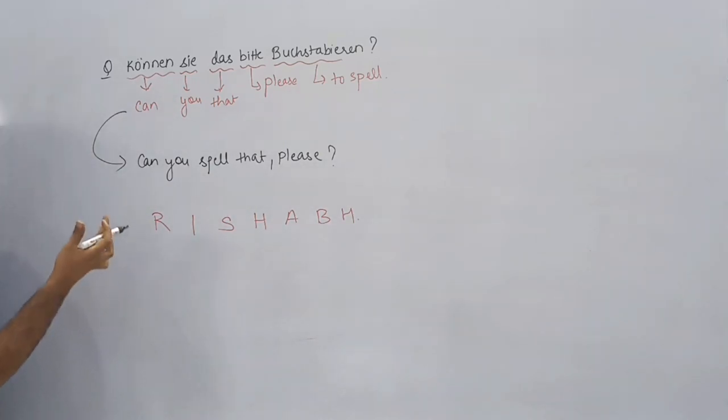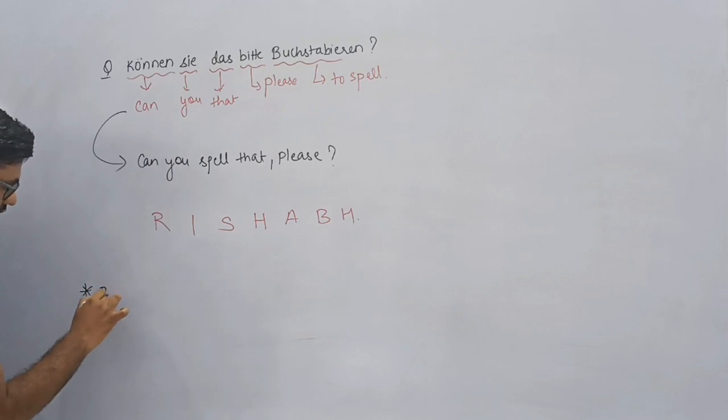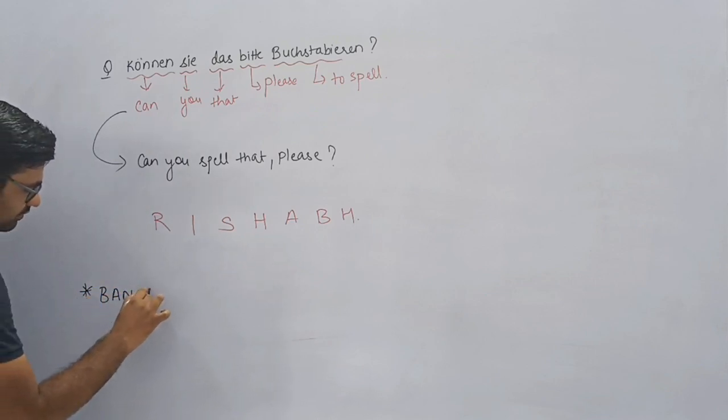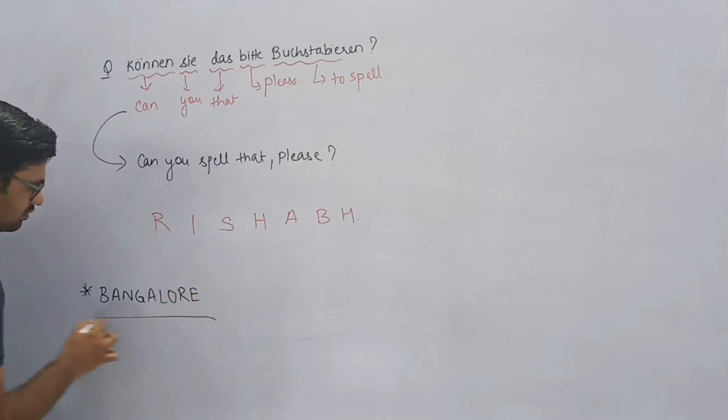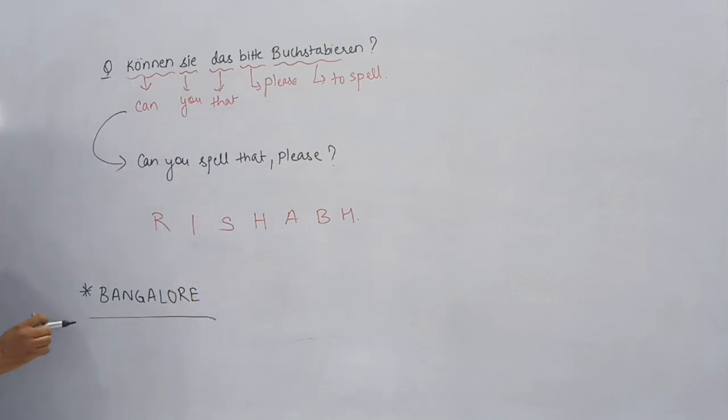If you want to answer any other thing, let's say I live in Bangalore. If someone asks you where you live, I say I live in Bangalore. So he can ask me, can you spell it out? Yes, I can spell it out. It's B-A-N-G-A-L-O-R-E. This is the spelling of Bangalore. I hope you have copied it down.